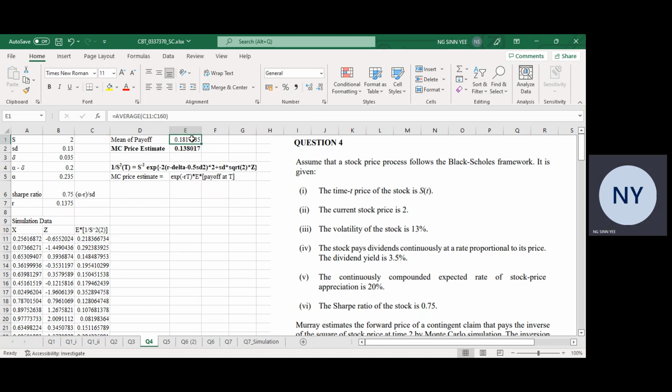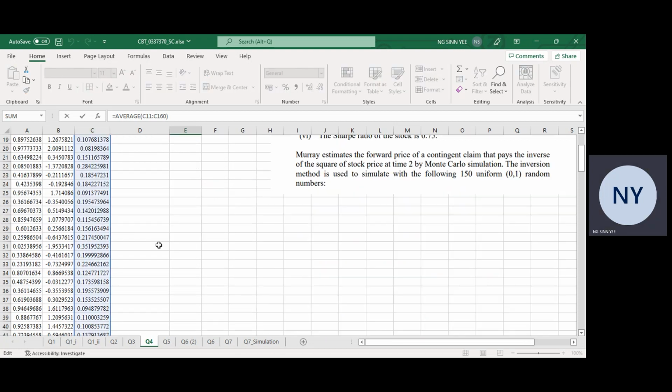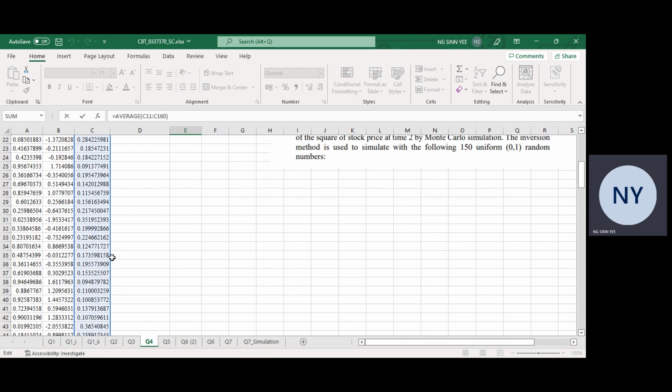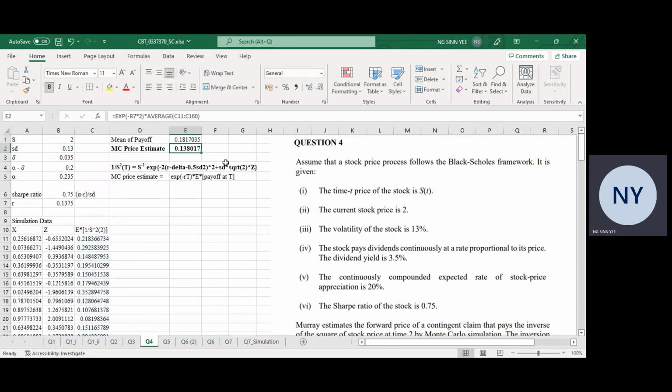The mean of the payoff is very easy to find. We just need to use the average function in Excel, and we'll sum all of these expected payoffs together, and we will be getting the mean of the payoff.